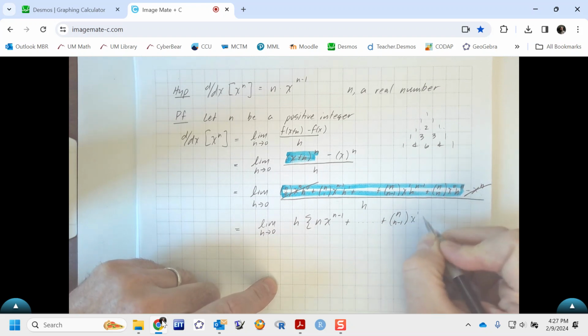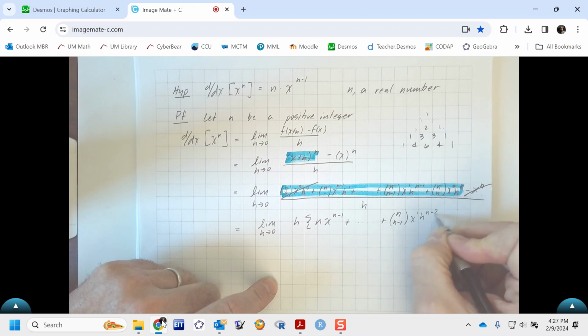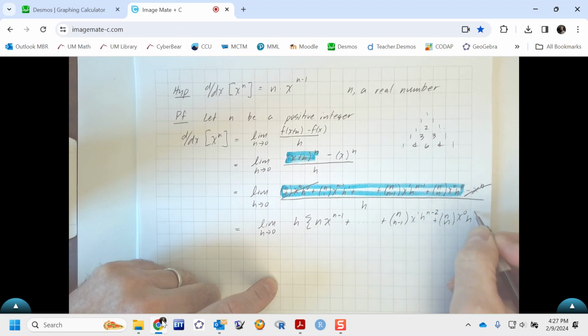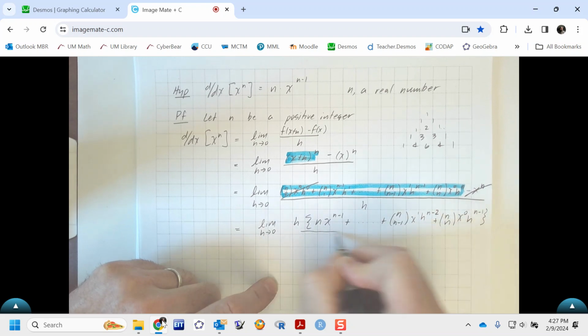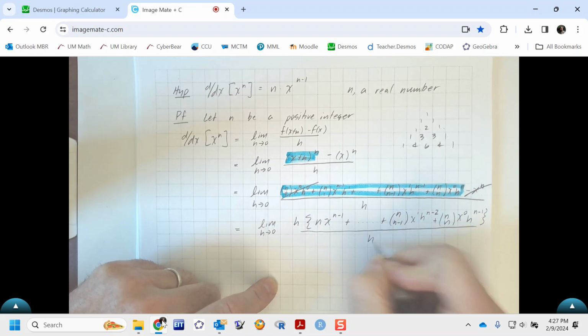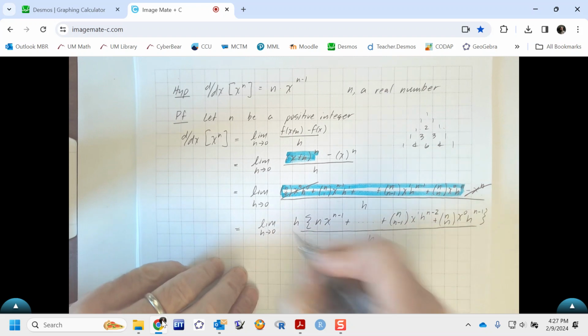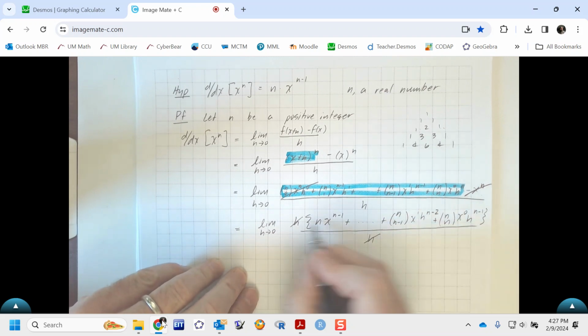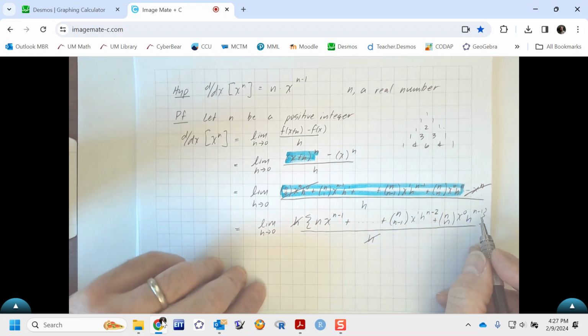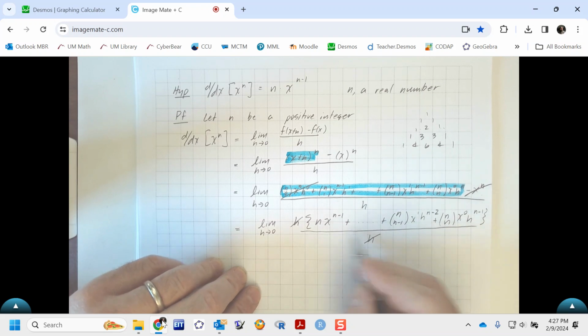So we'll have x to the first, h to the n minus 2, and then n choose n, x to the 0, h to the n minus 1. We have that all over h. So the h's will cancel, and we'll be left with just this term up here. And every single term up until this last one will have an h in it.